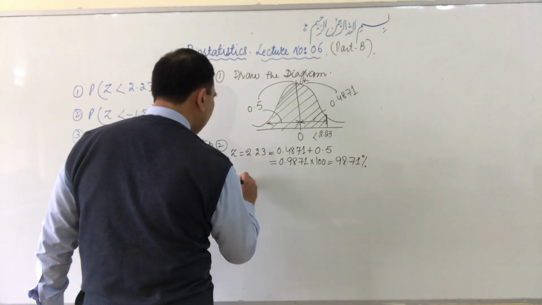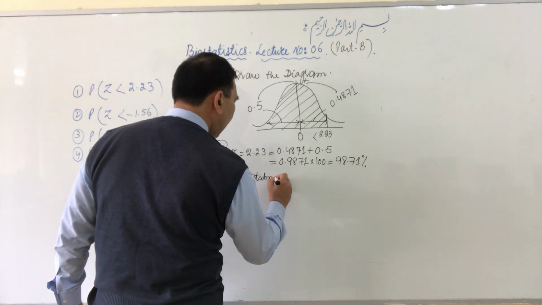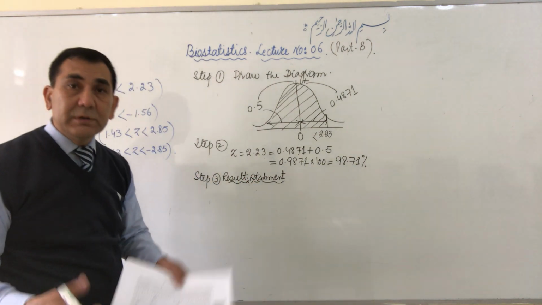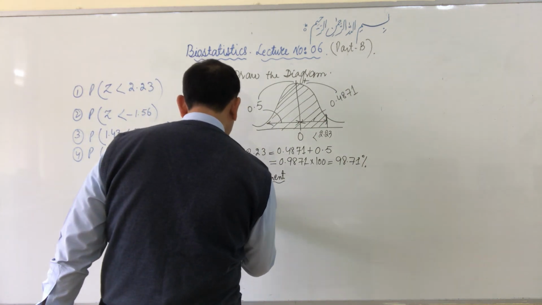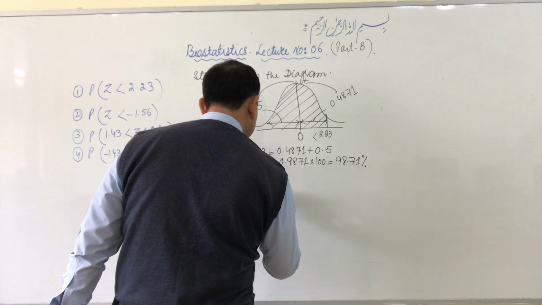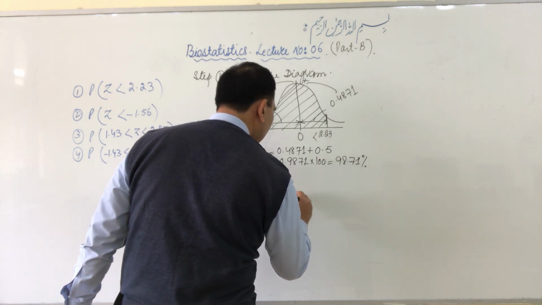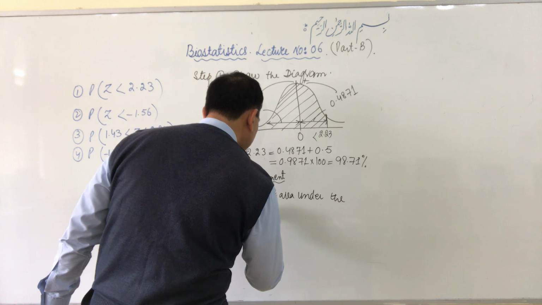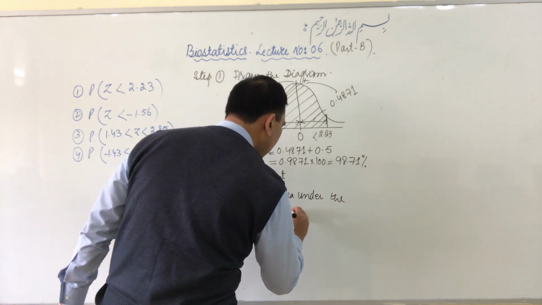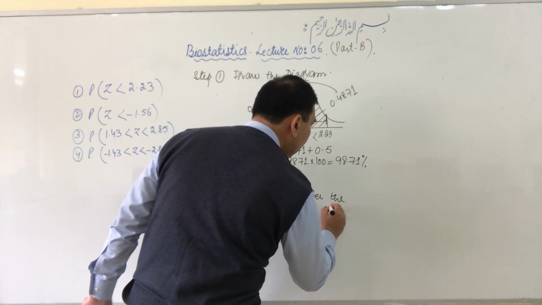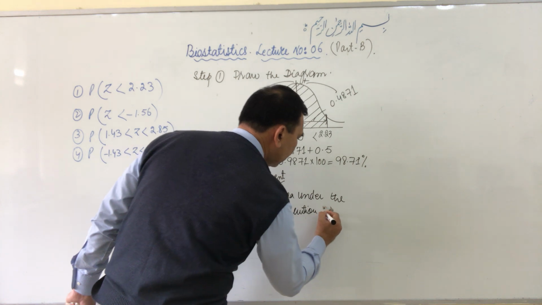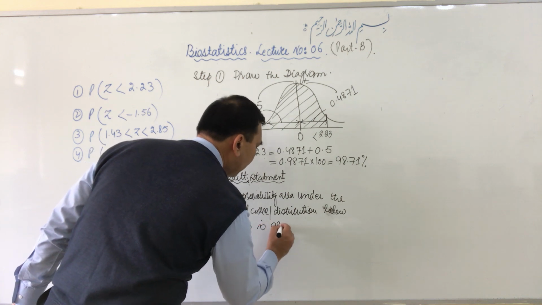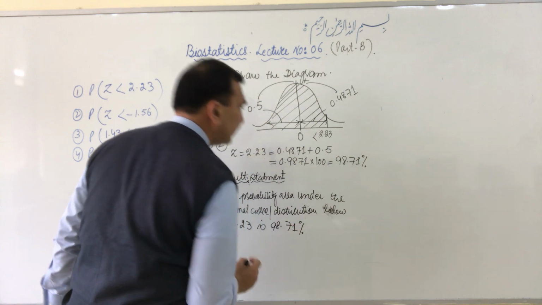We say that the probability area under the normal curve, or distribution, below 2.23 is 98.71%.